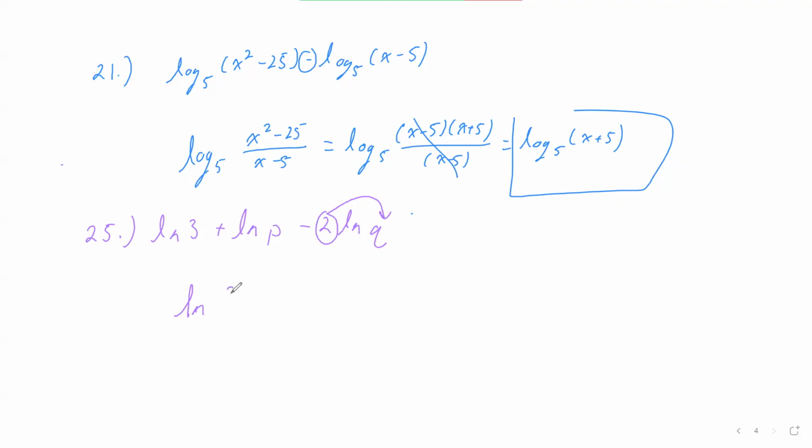I see 3, plus means times, p, minus means divide, q, coefficients become exponents, so it becomes squared. And that's it. And again, if you would have changed it back to plus, then that would go on top. And if it would have stayed on minus, then the results keep staying on the bottom.